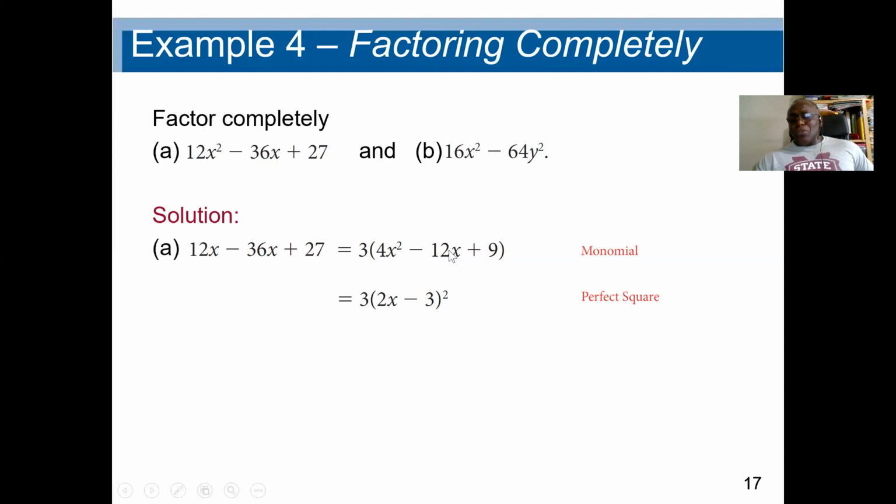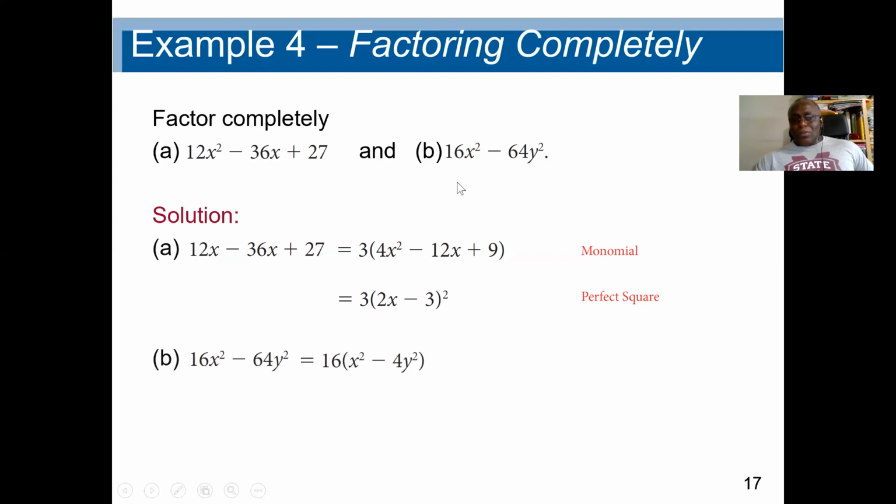We change it into the perfect square format: a minus b all squared is the same as a squared minus 2ab plus b squared. So here our b is 3 because 9 is 3 squared, and our a is 2x because it's 4x squared. So I get 2x minus 3, all squared. So this will be our final solution.